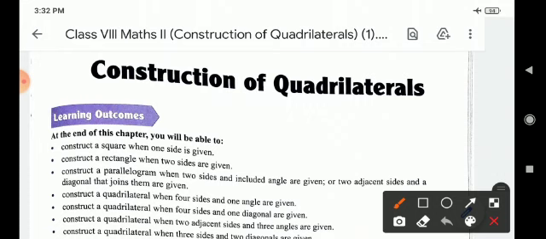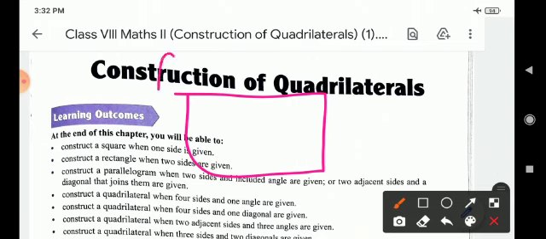Okay, children? Adjacent angles. A, B, C, D. Angle ABC and angle BCD are adjacent angles.